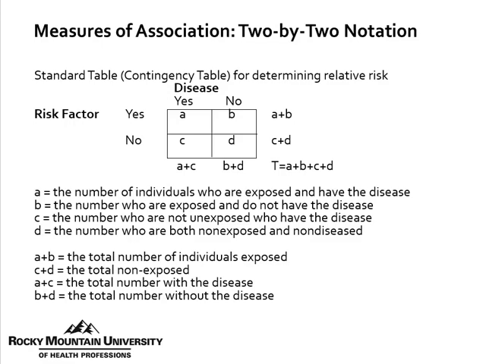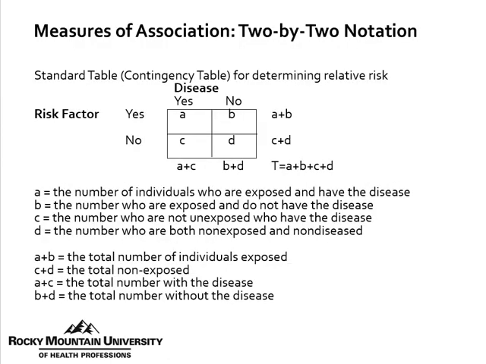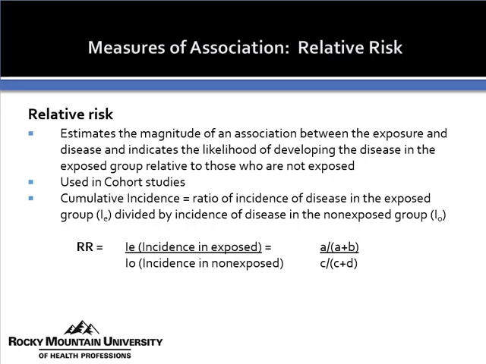And then you would put in the number in each box that either had the disease and whether or not they possess the risk factor, or didn't have the disease, and whether or not they had the risk factor. So this is used in cohort studies. And you can see the formula there. Again, that formula is based upon the 2x2 table.